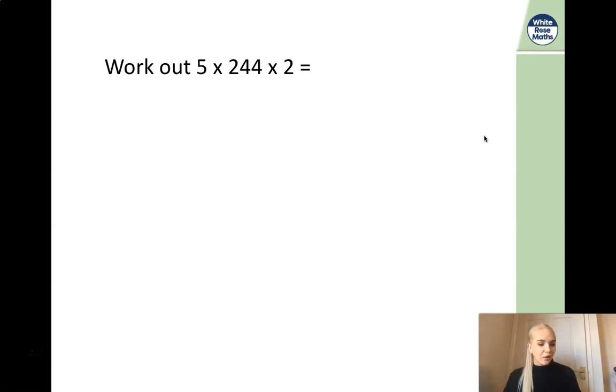Okay, did you spot those two numbers that we could instantly multiply together and this would make this sum so much easier? Did you spot that we have got a 5 and a 2? And if we multiply 5 and 2 together, what do we get, Year 4? Absolutely, we get 10. So automatically now our new sum is 10 multiplied by 244, or 244 multiplied by 10.